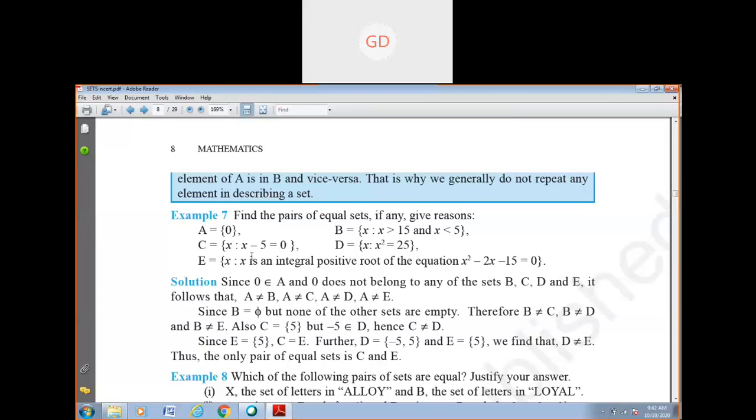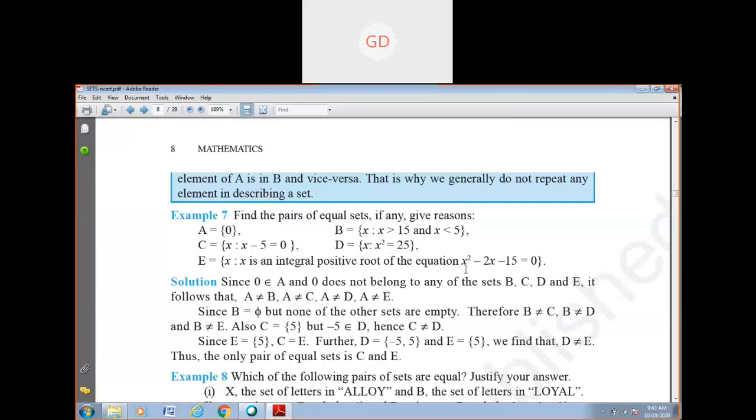The last set E is x such that x is an integral positive root of the equation given. So we have to solve this. It is a quadratic equation. If we solve this equation, we will have two values of x, and from those two only the positive integer value we have to consider.